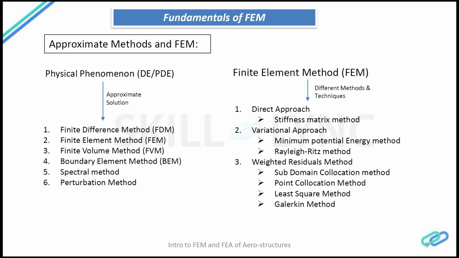And the Rayleigh-Ritz method also uses the potential energy function. And weighted residuals is subcategorized into the Galerkin method, subdomain, and least square method. At the moment, for commercial packages and software, we use the direct stiffness matrix method combined with the Rayleigh-Ritz method.